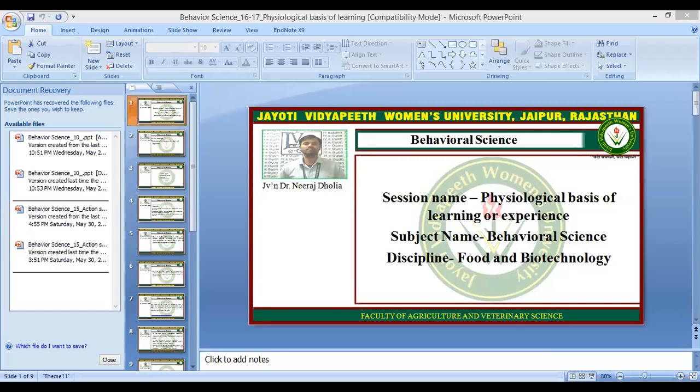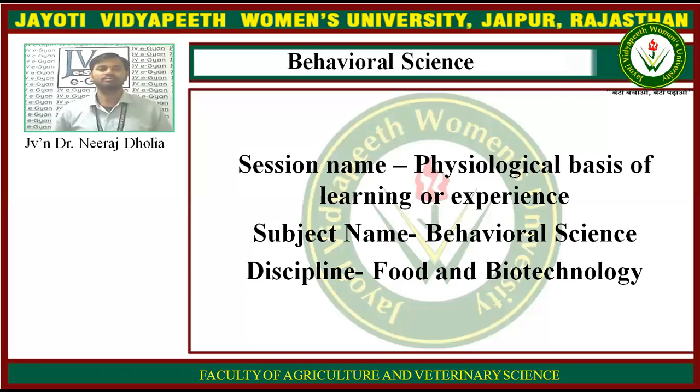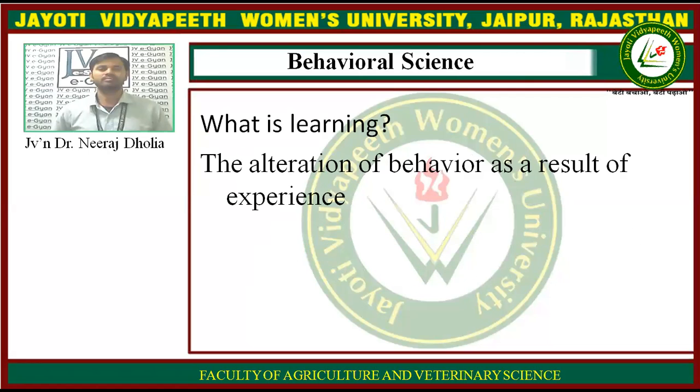So today we will discuss the same topic which we were discussing in the previous lecture, the physiological basis of learning or experience. So what is the physiological basis after the learning or the experience? So we were discussing what is learning.